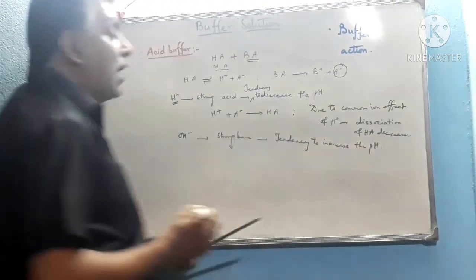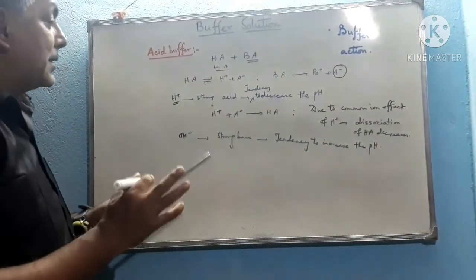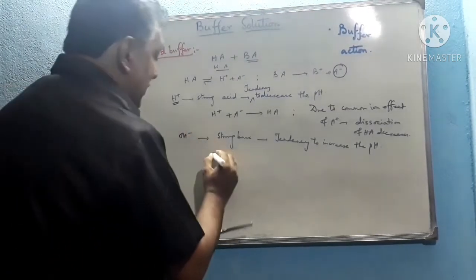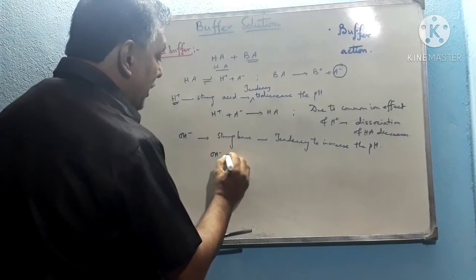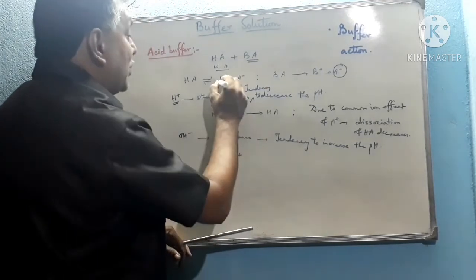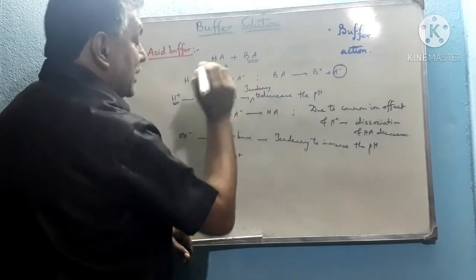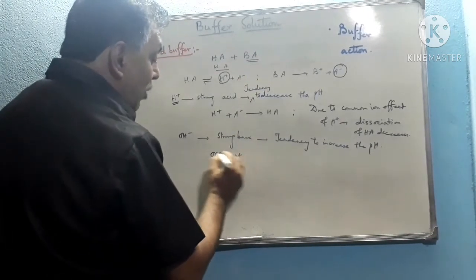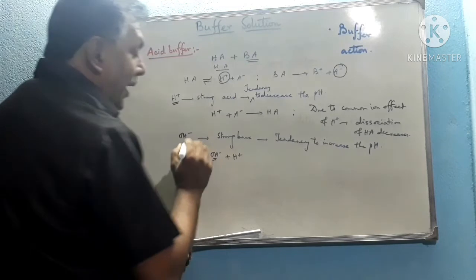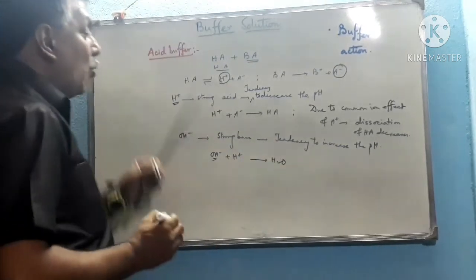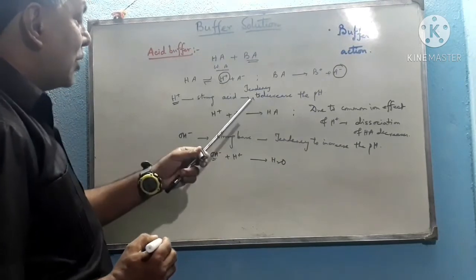Now I am discussing how the acid buffer resists the change in pH of this solution. So this OH minus then reacts with H plus that comes from the dissociation of the weak acid. That H plus combines with the excess OH minus which we have added from outside to produce water, and thus the OH minus gets removed from the solution.